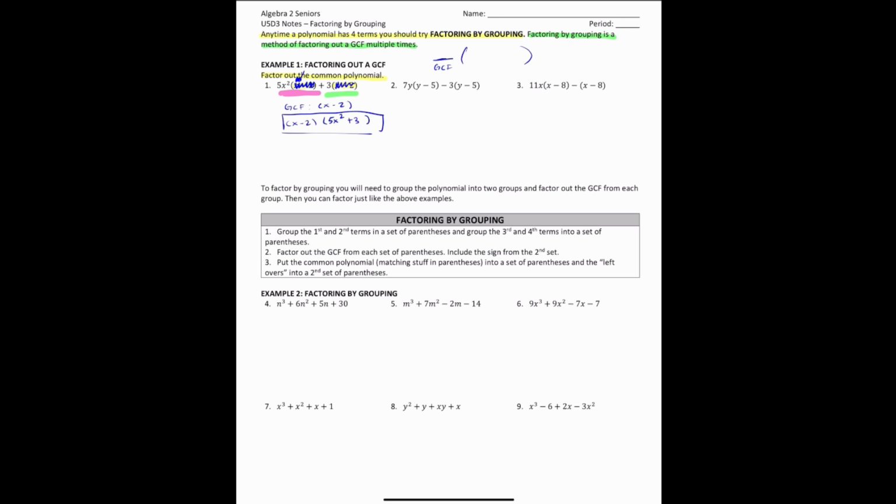So here's our first term, and here's our second term. What do they have in common? They have y minus 5 in common. So the GCF is y minus 5. So y minus 5 times the quantity of what's left over. So 7y minus 3.